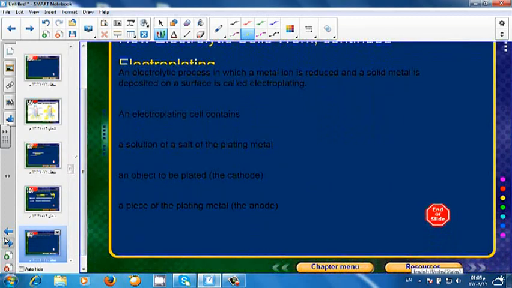An electrolytic process in which a metal ion is reduced and a solid metal is deposited on a surface is called electroplating, and it will be the first application for the electrolytic cells. I will use ions of a certain metal to deposit on another in order to cover it completely, and we call this process electroplating.